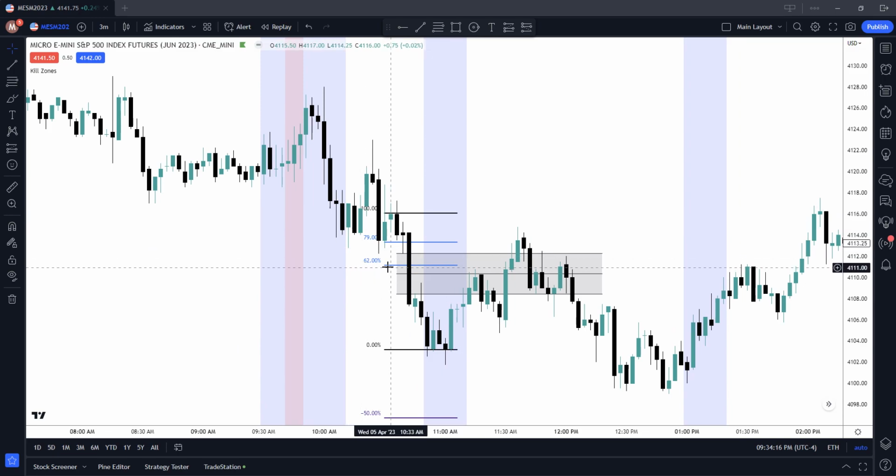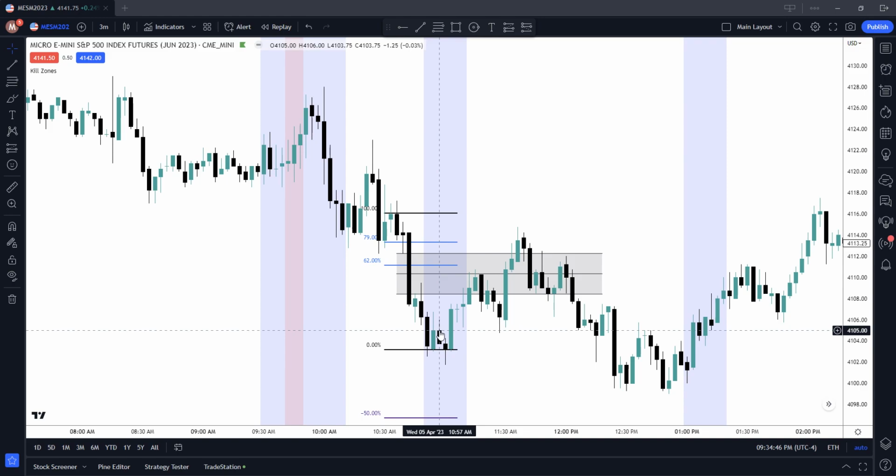So I was going to enter off of the 62% here at 1125 and take 2 off of here, and then if it got back down to there, I would take my third one off. Now it didn't, so had I been in this trade still, I probably would have taken that third one right around there.